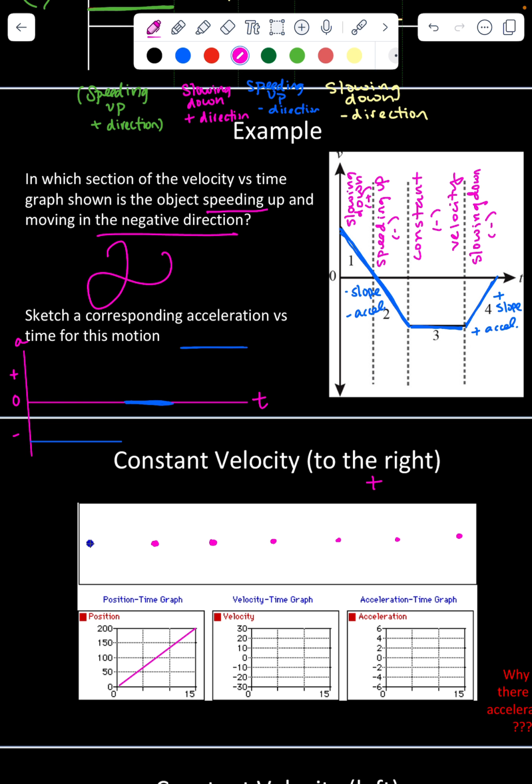Now we know that the slope of a position versus time graph gives us velocity. So if we were to find the slope of this line, it would be positive. So that means that it would be above 0. I'm not calculating it, I'm just going to put it somewhere above 0. But a constant velocity does look like a horizontal line above 0.